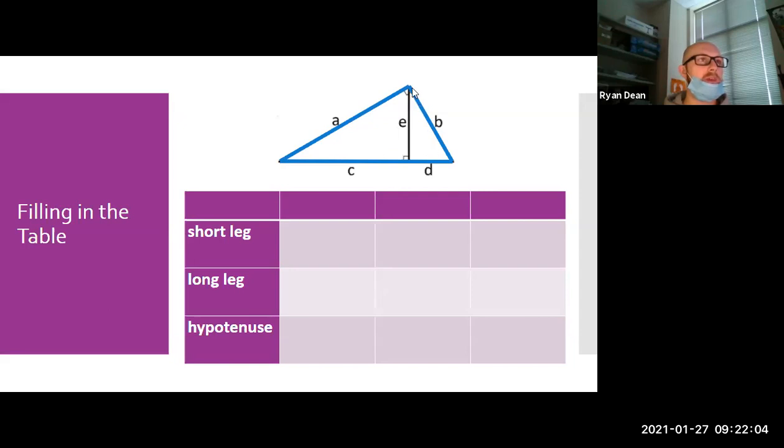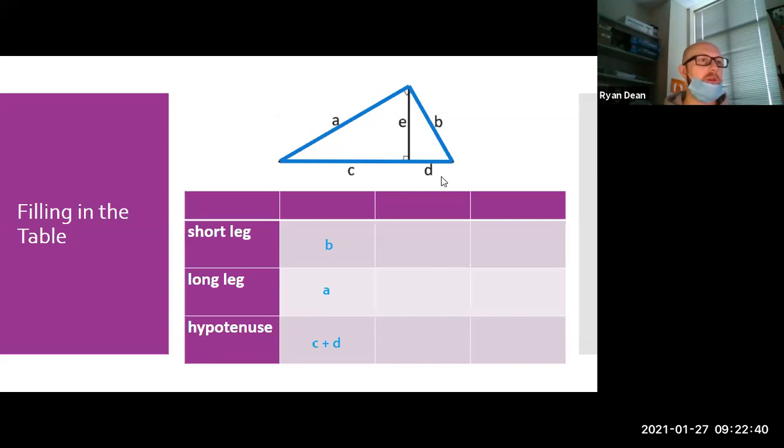Legs are always connected to the 90-degree angle. So the shortest leg in this case is going to be B. The long leg is going to be side A because it's longer than B and it's connected to the 90-degree angle. And then our hypotenuse is going to be across from the 90 degrees. So the hypotenuse is this entire length, which is C plus D.